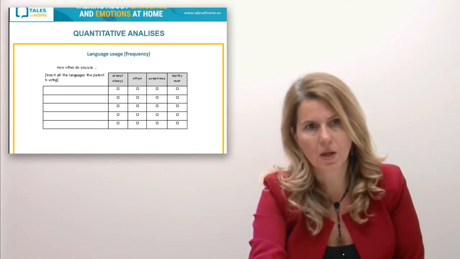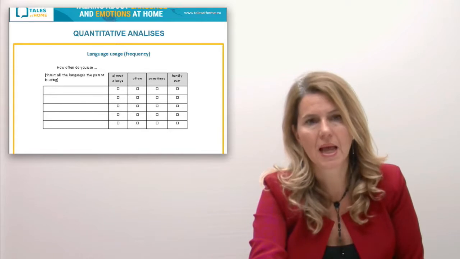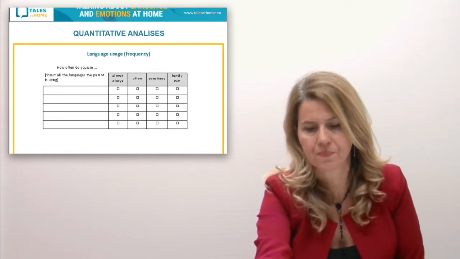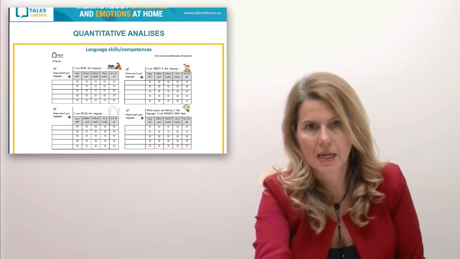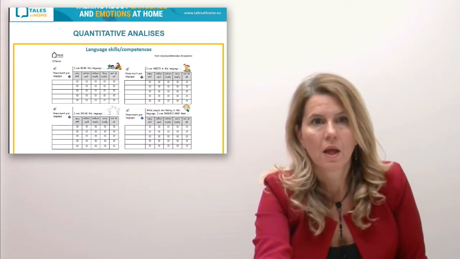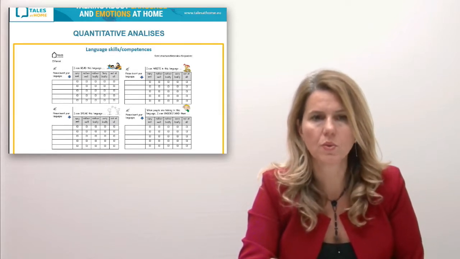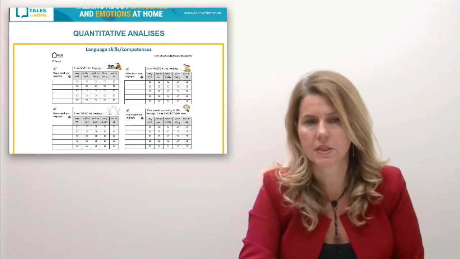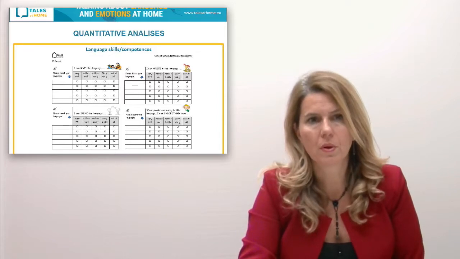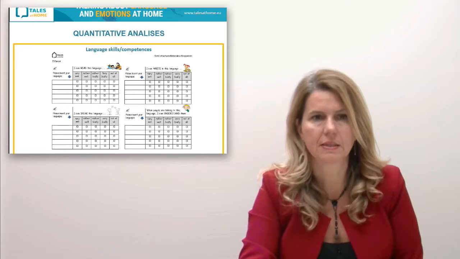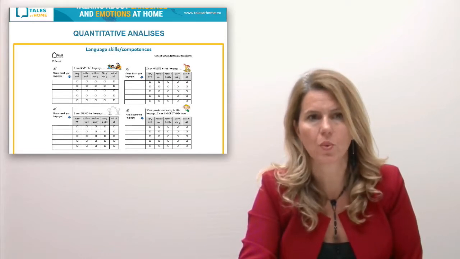So for each language we have to say how often they use that language in daily life. For the language skill competencies, it was again a structured interview in which people had to say the level of competence that they feel to have in each language.